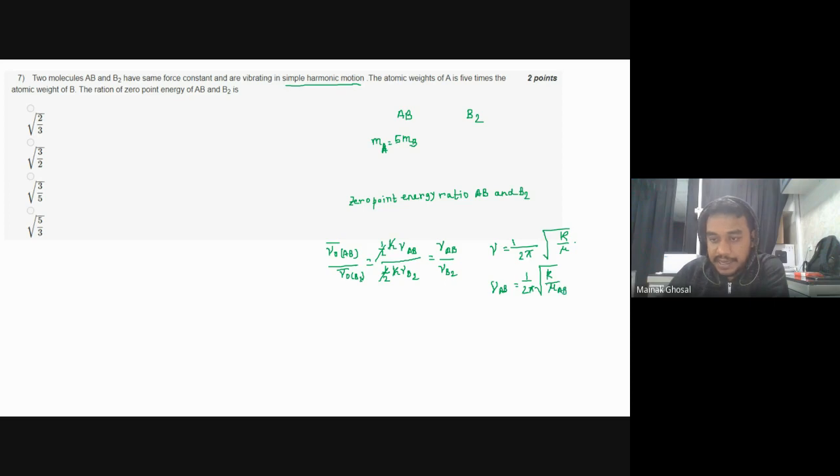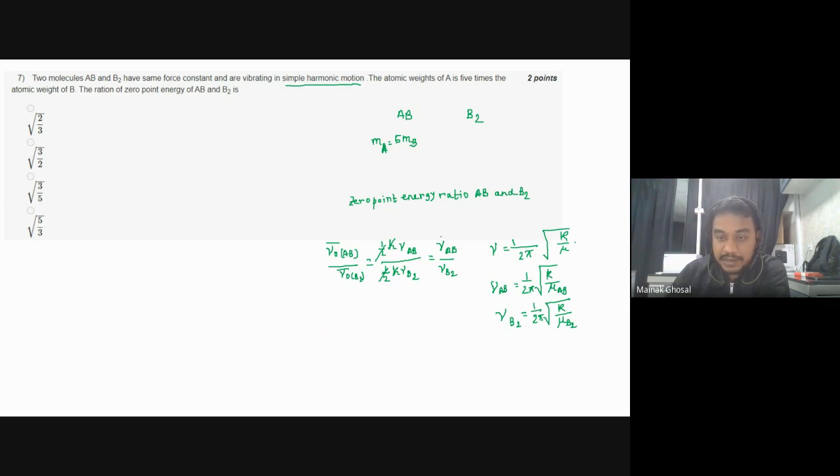I am not writing KAB because the question already says the molecules have the same force constant, so K is the same. For B2, the same expression is 1 by 2 pi root over k by mu of B2.